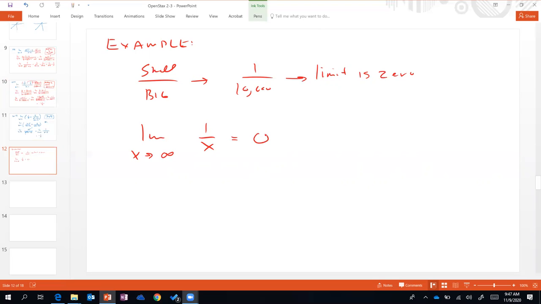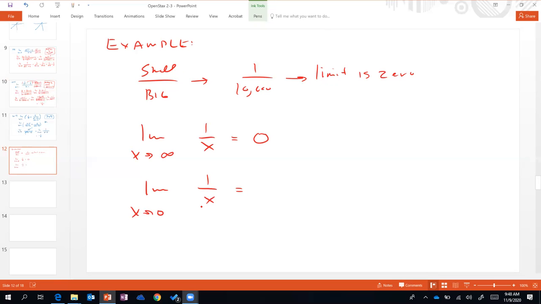Okay. That's what I kind of just want you guys to notice. That's one piece. The next piece is what happens if we go the other way. What happens is the limit as x goes to 0 of 1 over x.